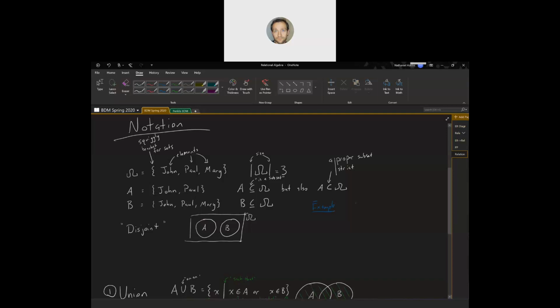Let's say A equals 1, 2, and 3. B is 1, 2, 5, 5. Question: is A a subset of B? So this I'm asking you. You can please type your answers.